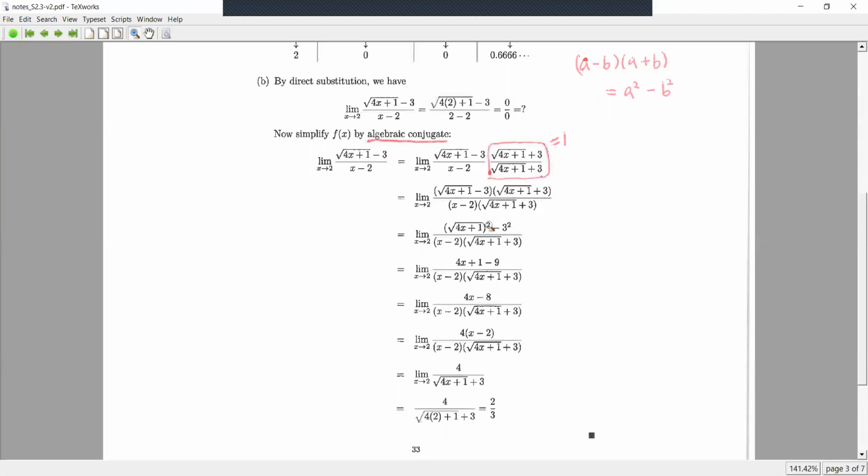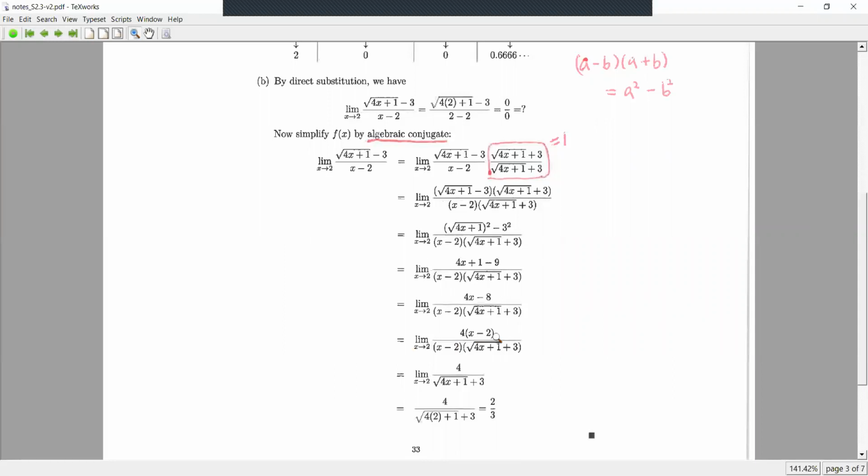Square root and square can be canceled, so we have this equation. Now simplify the top and factor the number 4 out. Then we have this equation.